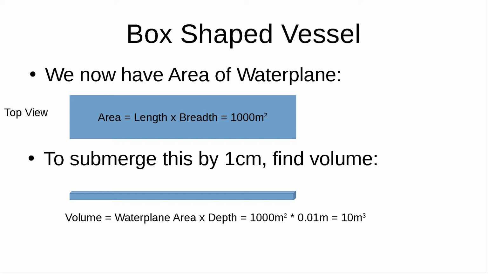Think about it right now as if it's a piece of paper in front of you and you want to make it 1 centimeter thick. So you know the volume required to do that would be the water plane area times the depth. So if we have the 1,000 meter squared water plane area, we want a depth of 0.01 meters or 1 centimeter. It gives us a volume for this small slice of the vessel of 10 meters cubed.